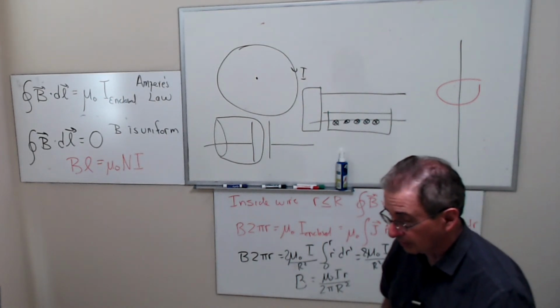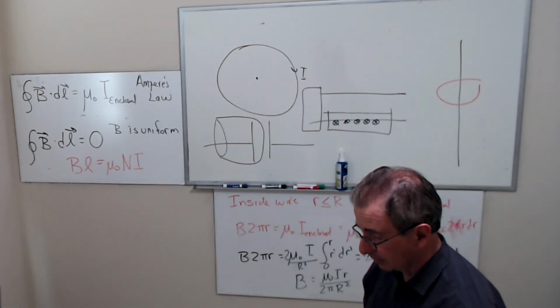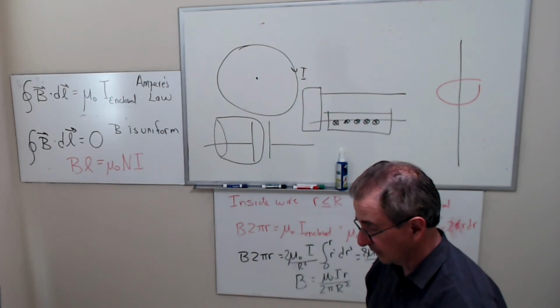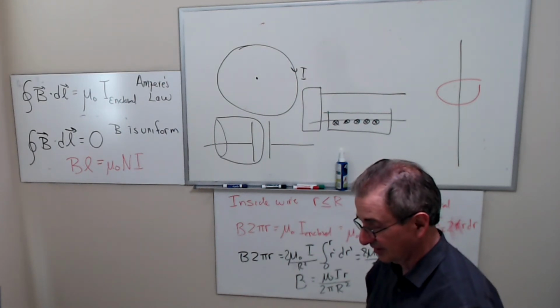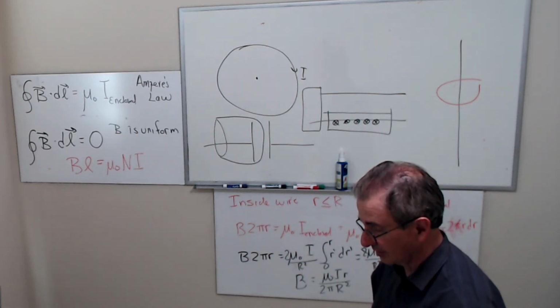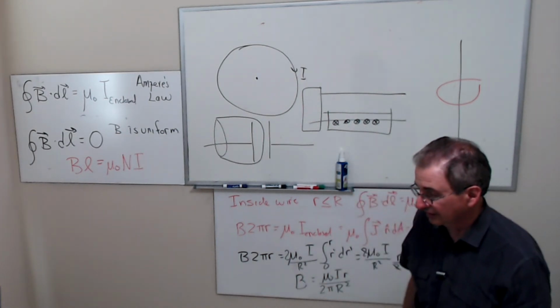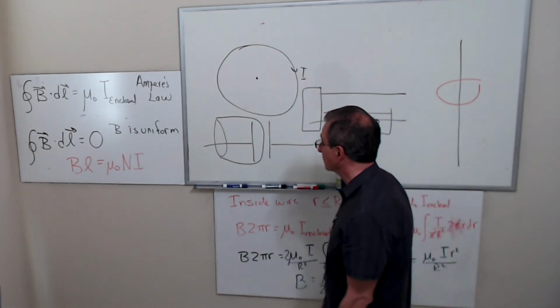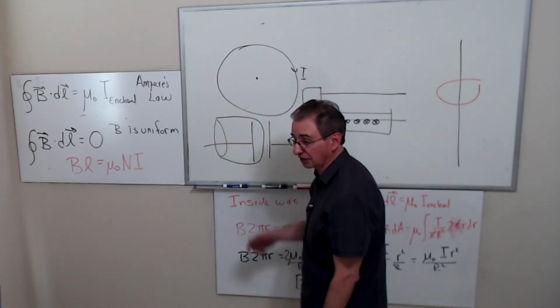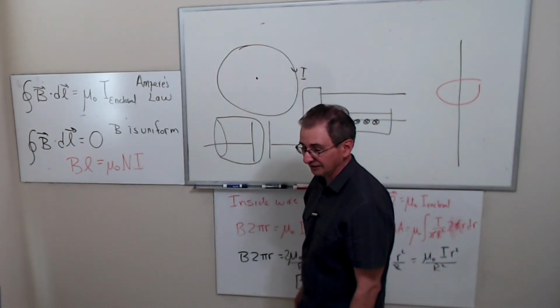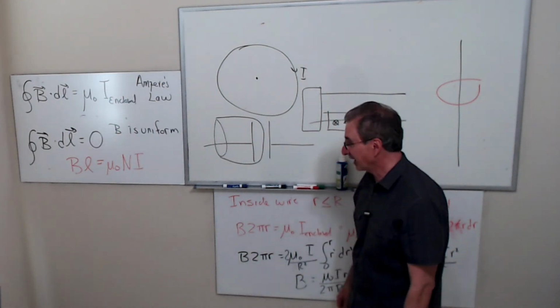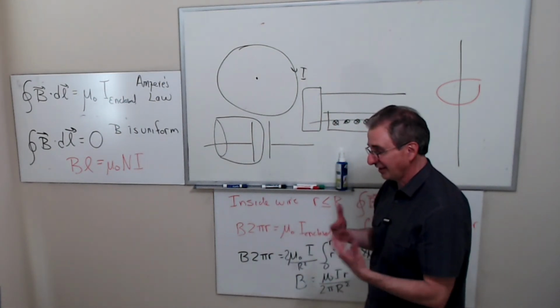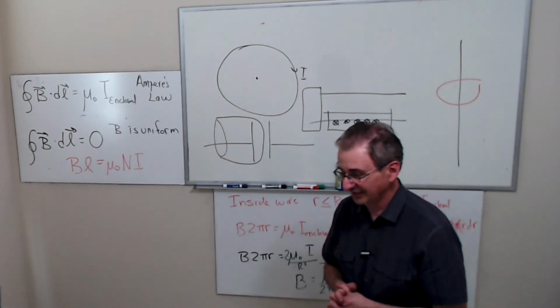Go ahead, Ravtesh. I was just thinking about that capacitor that you drew on the board. Is the problem due to the varying current in the wire, or is it something else as well? Well, you do have a varying current. That's the problem. You're going to get a time varying electric field.